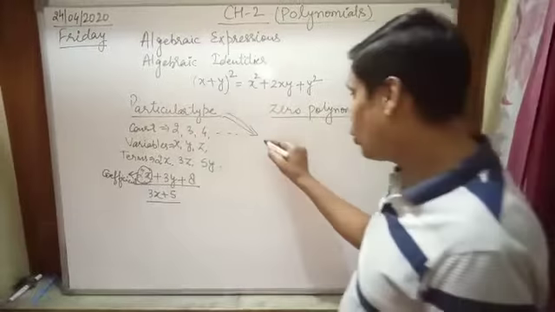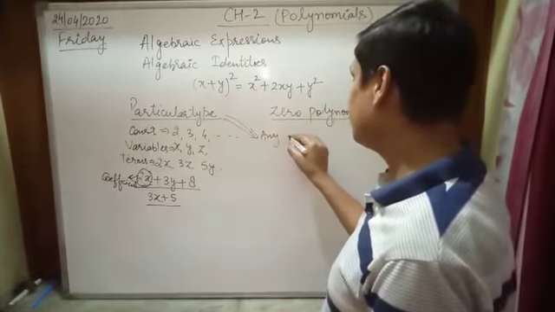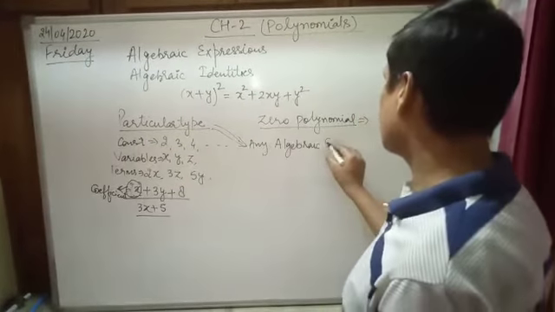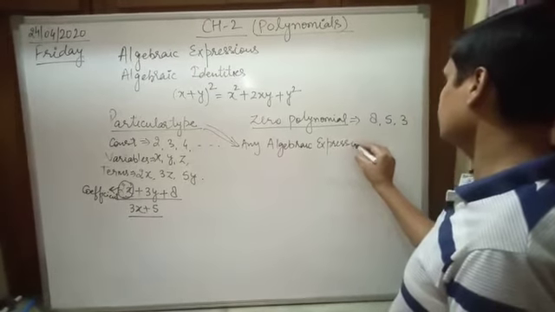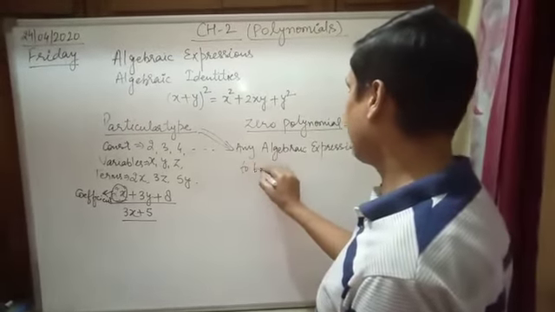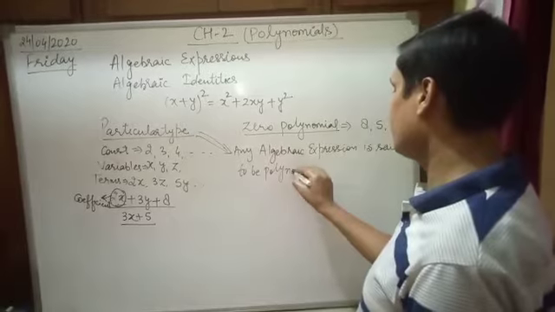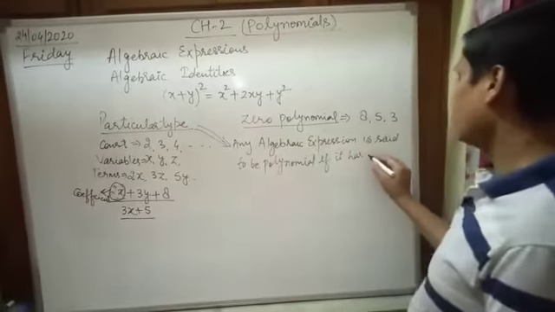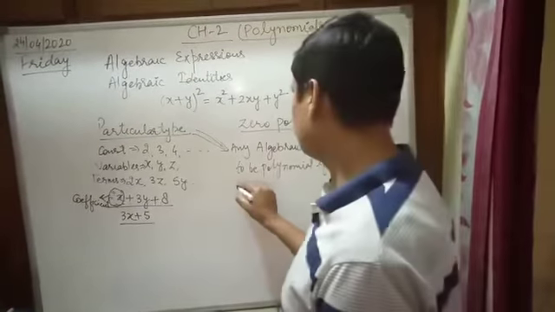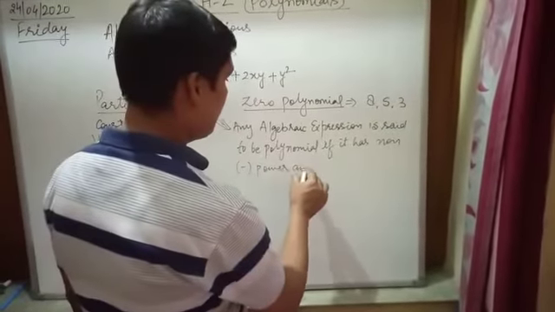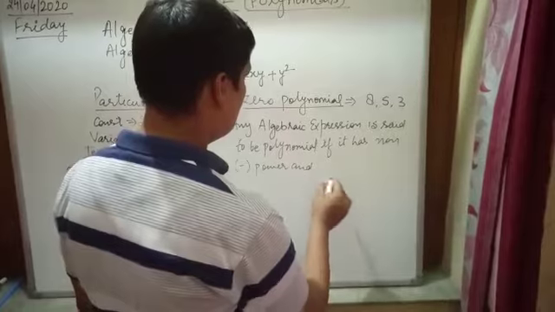It means any algebraic expression is said to be a polynomial if it has non-negative power and integer.